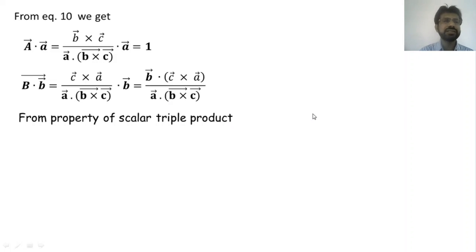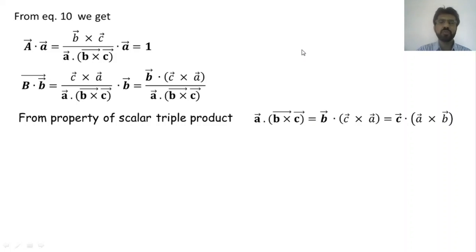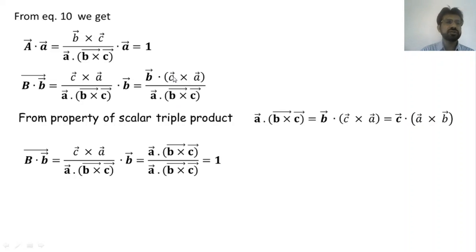But we know from the property of a scalar triple product that we can change the position of the vectors in cyclic order. Therefore, this equation becomes equal to 1. In the case of vector b, the scalar product of the reciprocal lattice vector and the direct lattice vector is also equal to 1.